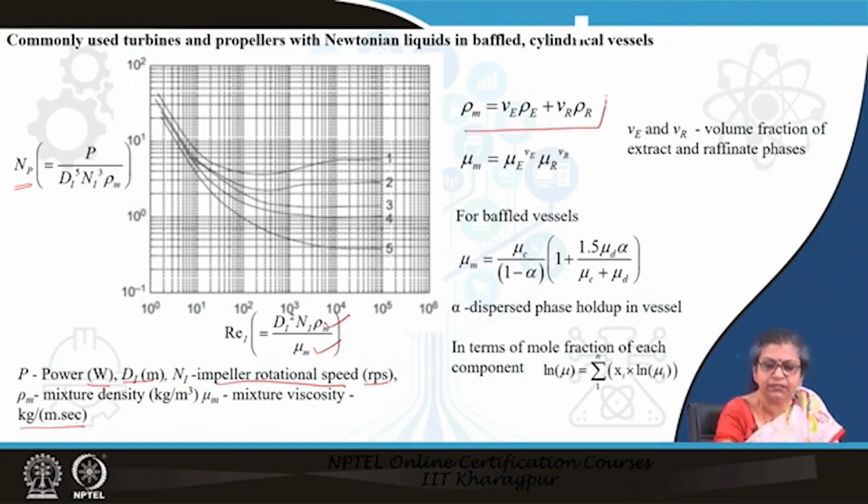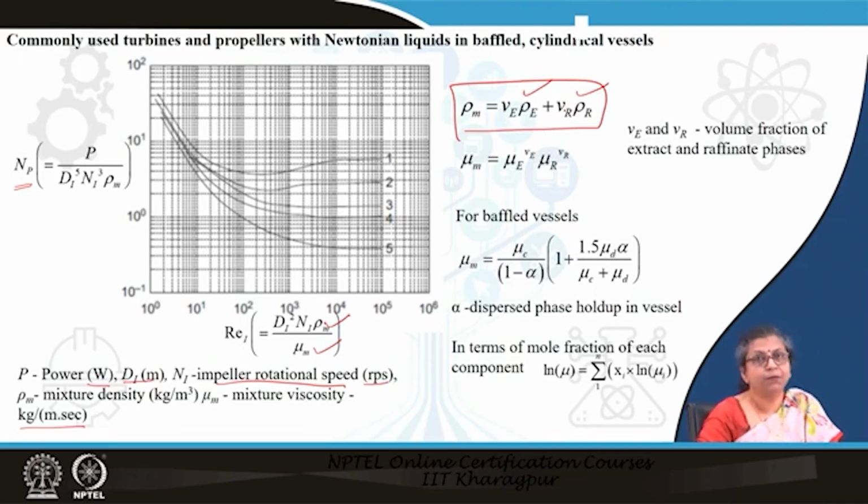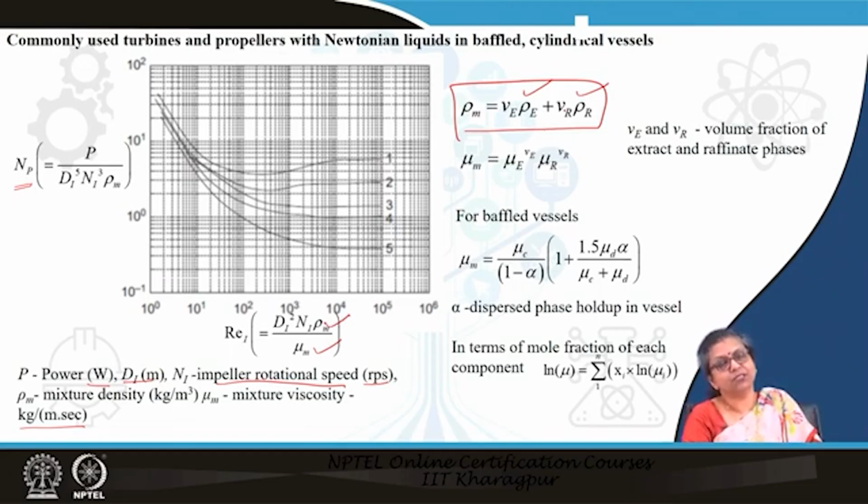Finding out rho m is not very difficult. You can just find it out from the volume fraction of the extract and the raffinate phases. If you know the densities, you can find out the mixture density. But finding out a mixture viscosity can often be challenging. That is the reason you will find that here I have expressed mixture viscosity in three different relationships.